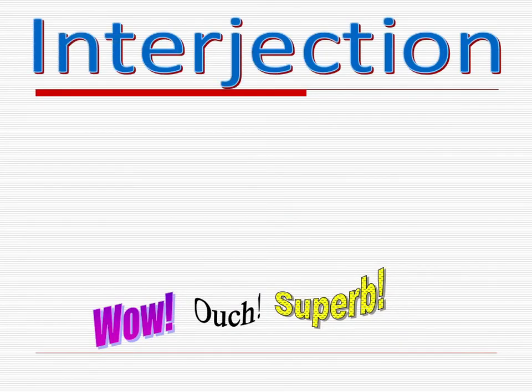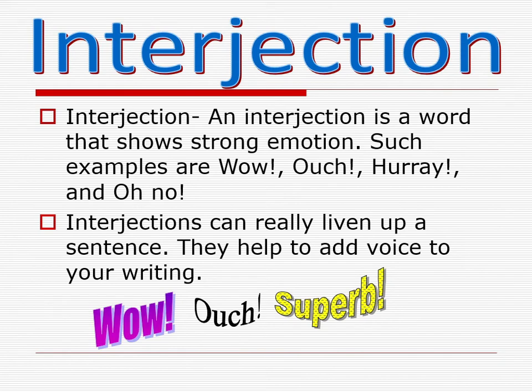Now the next part of speech is interjection. What is an interjection? An interjection is a word that shows strong emotion, like wow, ouch, hooray, and oh no. Interjections can really liven up a sentence.